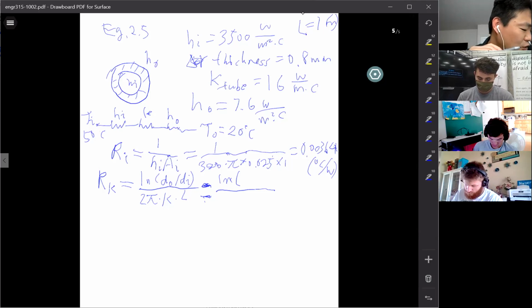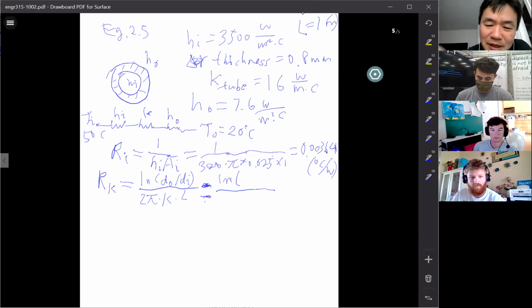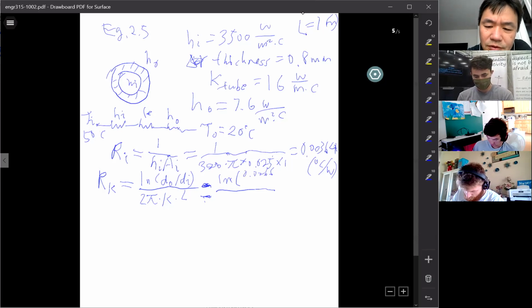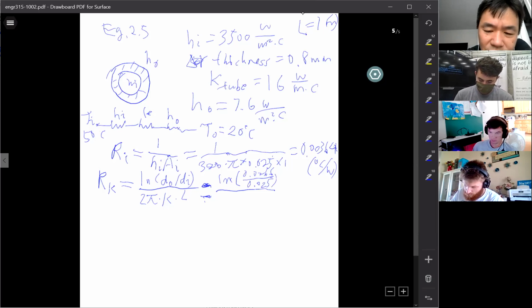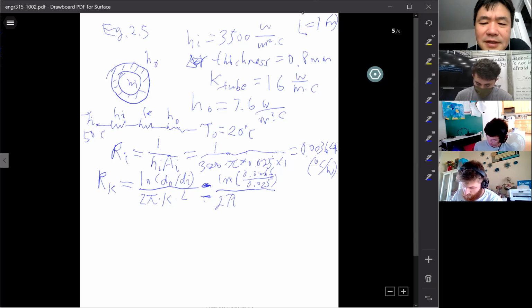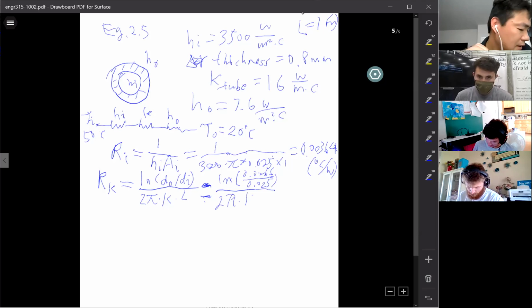So it will be 2.66 centimeter, right? 0.0266 over 0.025. Okay, so that's 2 times pi times K. K is 16, right? It's given. L is just 1, so it's very tiny, 0.00062.